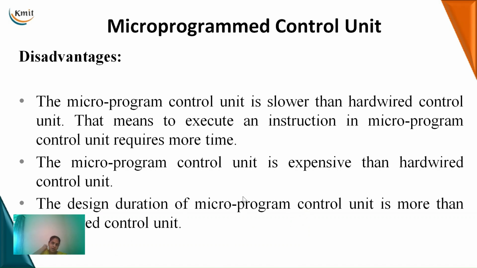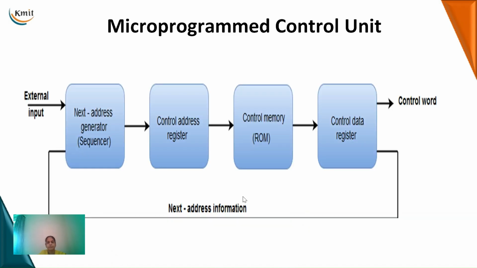Let's see the design of a microprogrammed control unit. So here we have the next address generator, control address register, control memory, which is your ROM, and control data register.